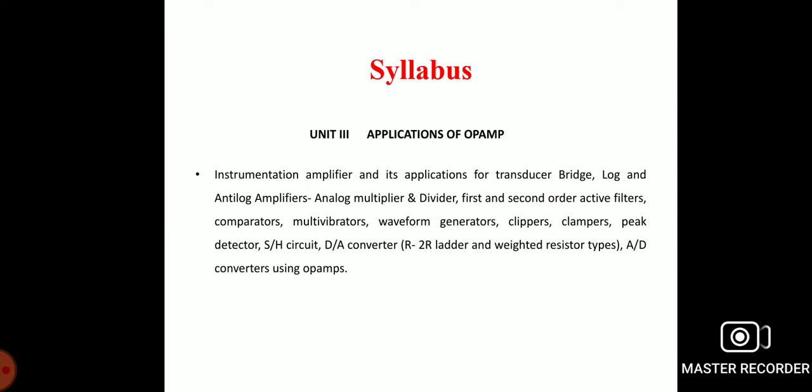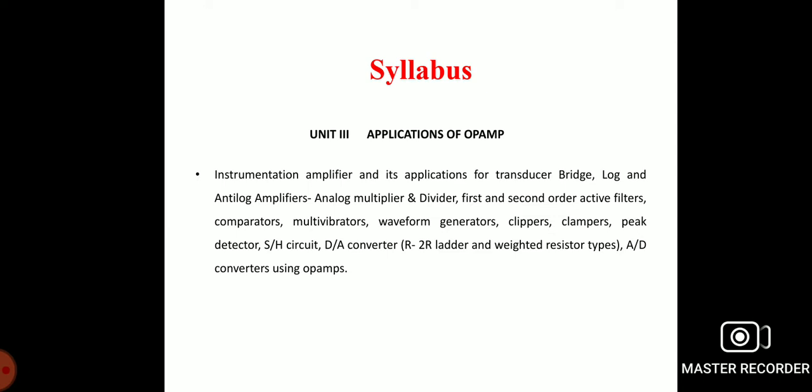Finally, we are going to discuss the digital to analog converter with R-2R ladder and weighted resistance type. And finally, we discuss the analog to digital converter using the operational amplifier.